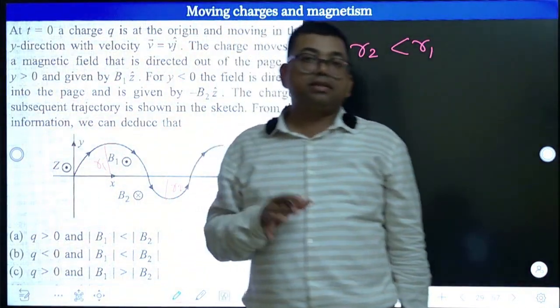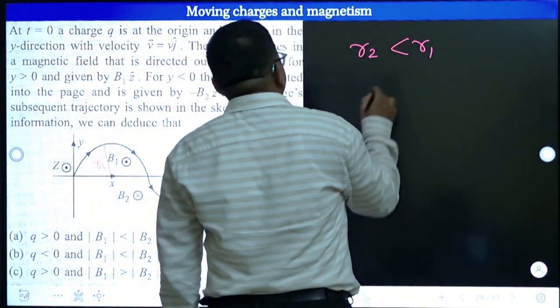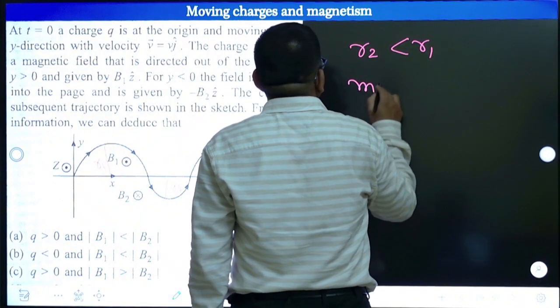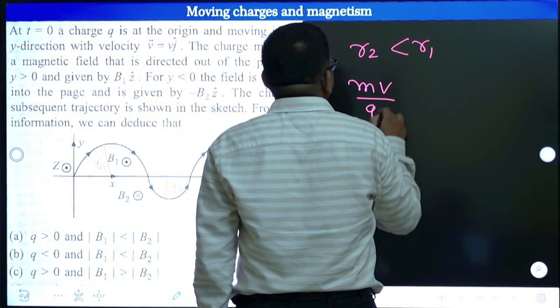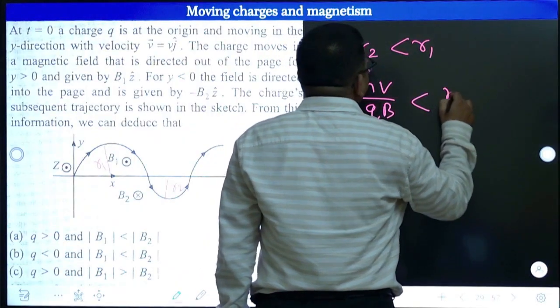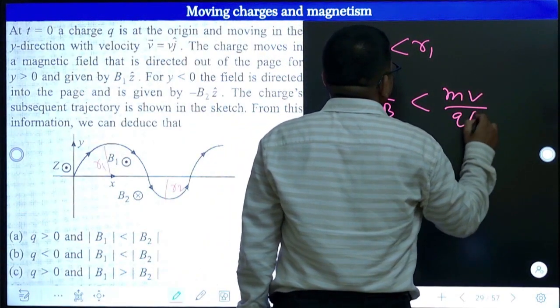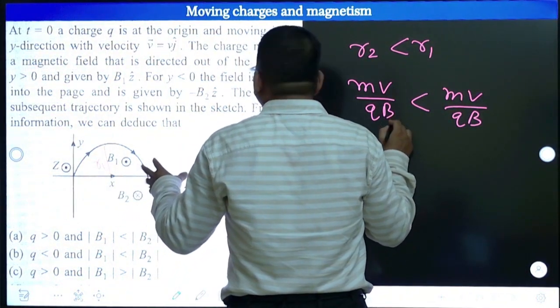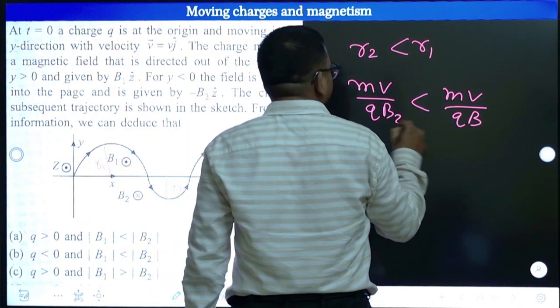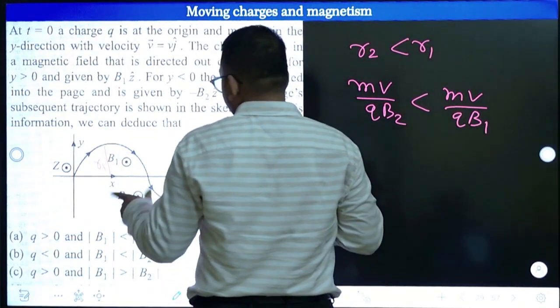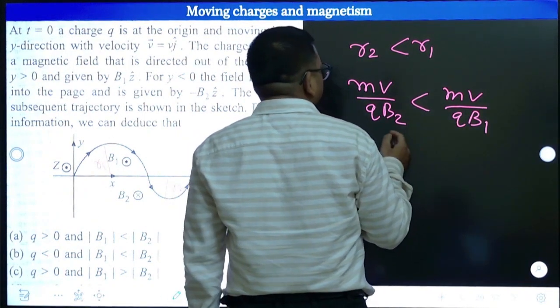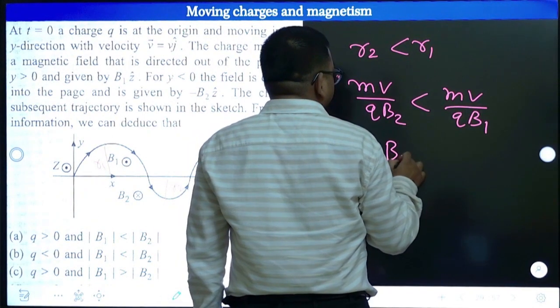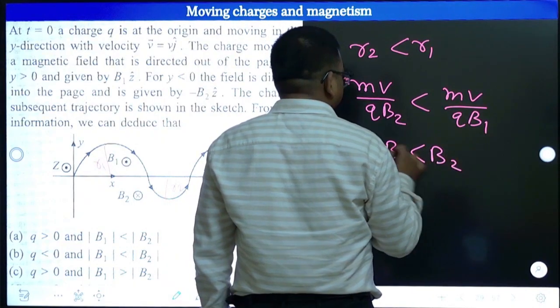We can clearly see in the diagram. So the radius is mv by qB, and r2 is less than r1. Here we are comparing magnitudes, so r1 corresponds to B1 and r2 to B2, correct? So from here we can definitely say that B1 is going to be smaller than B2, right?